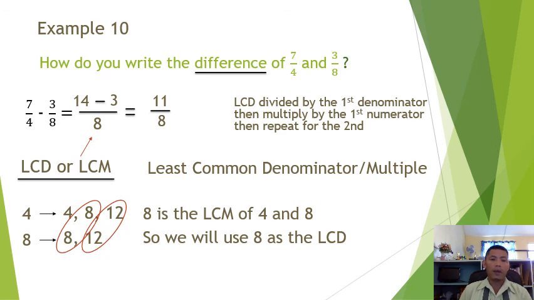So we have the answer 11 over 8. The answer is in simplest form. Remember, if your answer is in fraction form, rewrite it in simplified form. So the final answer is 11 over 8.